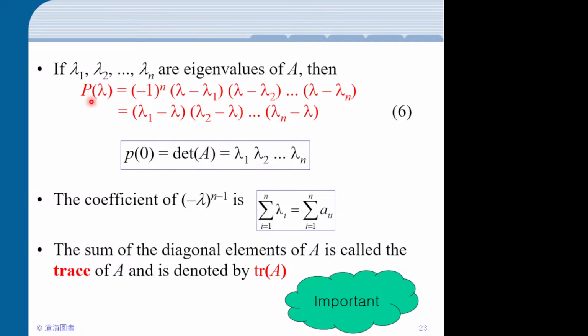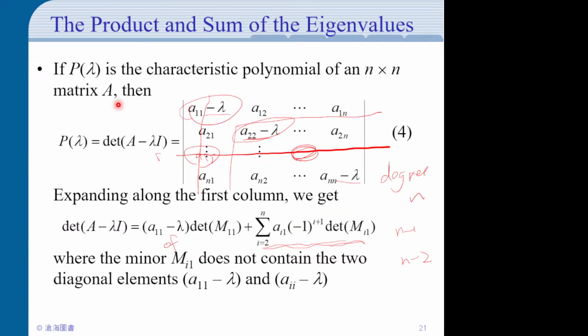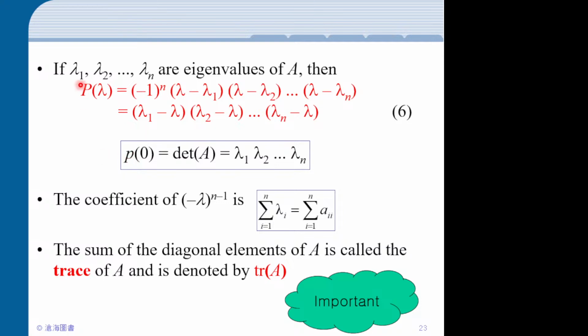Then this side becomes p of 0, but you go back to the beginning. If lambda equals 0, then the determinant is just the determinant of A. So when you pick lambda equals 0, this polynomial just calculates to the determinant of A. And the other side is just the product of lambda, right?